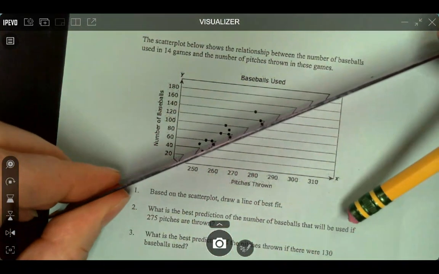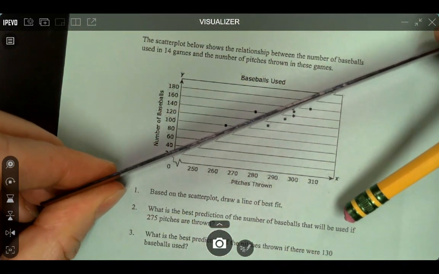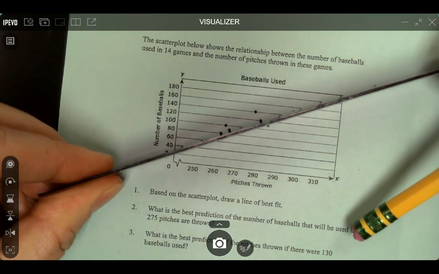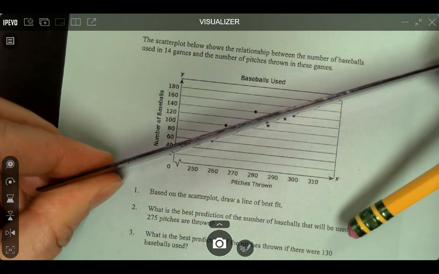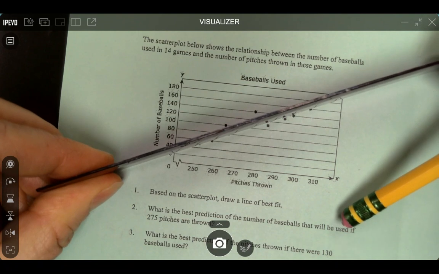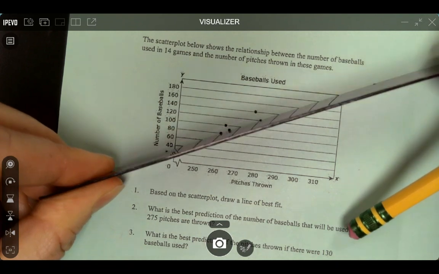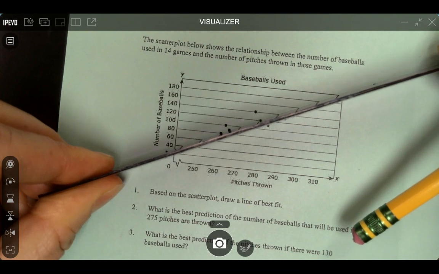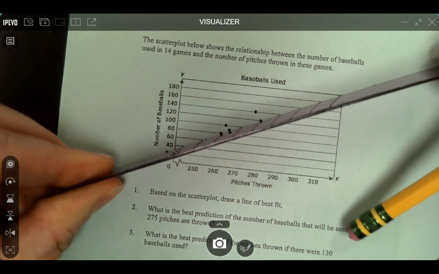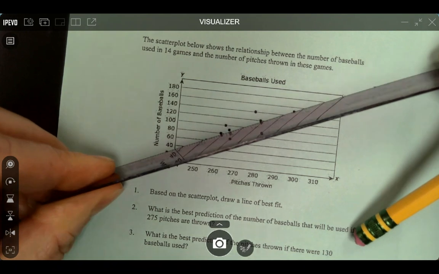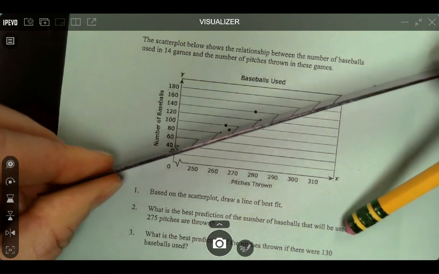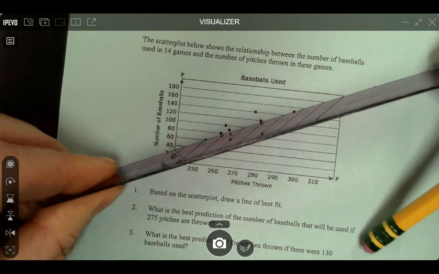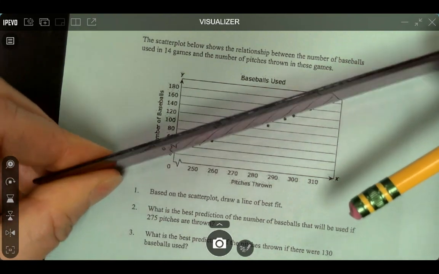So I'm going to turn my ruler like this to see if I can get it right. Yours isn't going to be exactly like mine, but it's going to be close. What do y'all think about that?